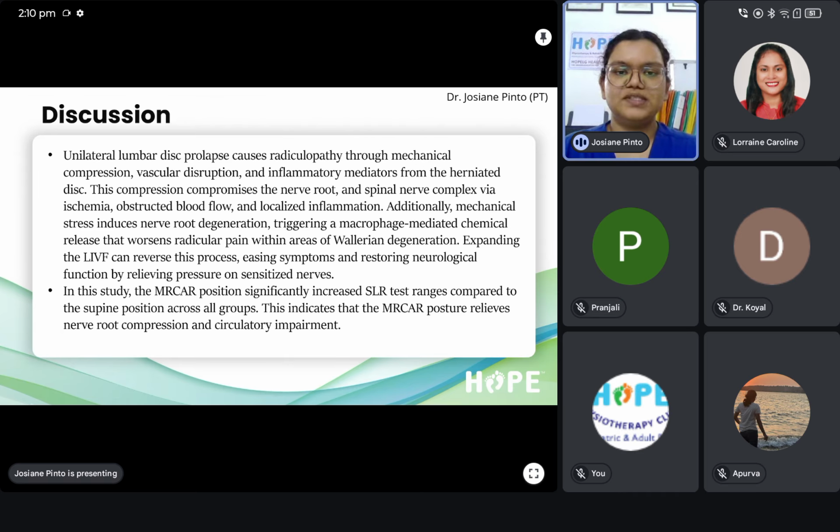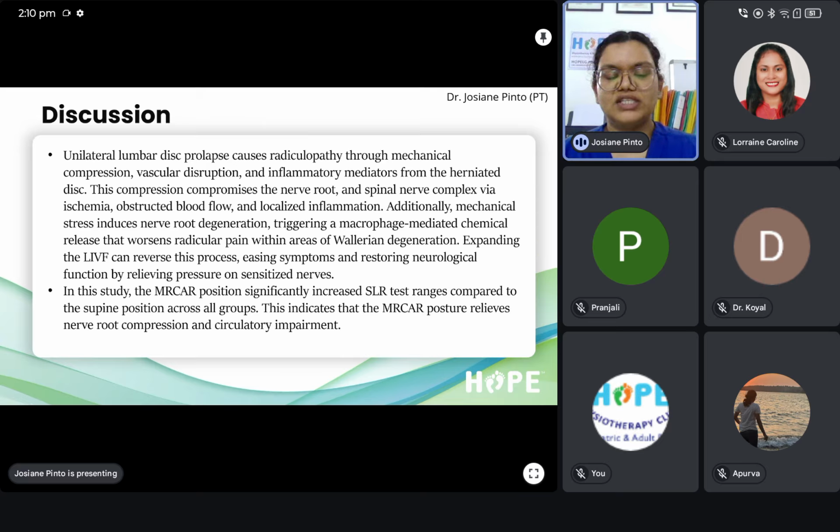Unilateral lumbar disc prolapse causes radiculopathy through mechanical compression, vascular disruption, and inflammatory mediators from the herniated disc. So this is speaking more about the pathophysiology of this disc bulge. This compression compromises the nerve root and spinal nerve complex via ischemia, obstructed blood flow and localized inflammation.